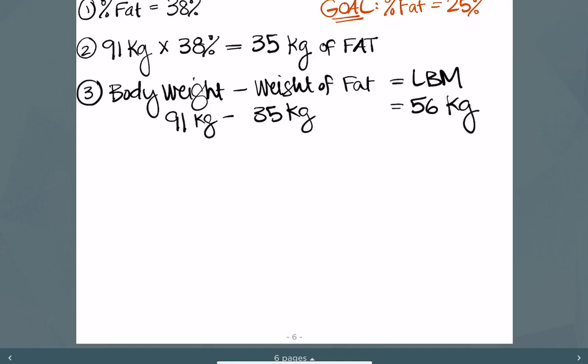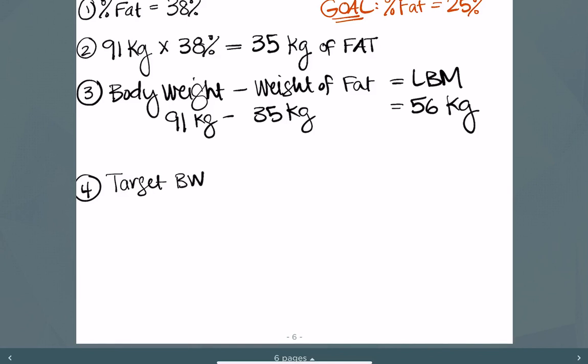So step 4 is how you calculate her target weight. So it's written in your notes like this. Target body weight, and I'll just put body weight here.